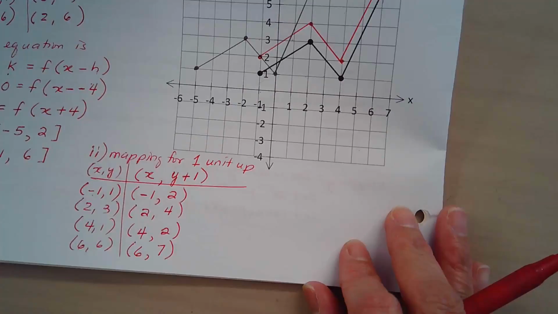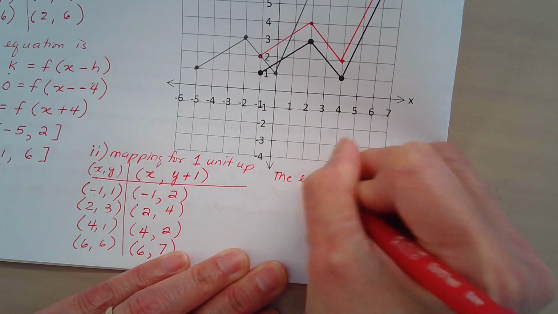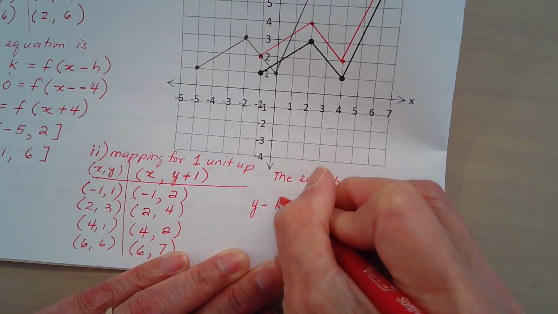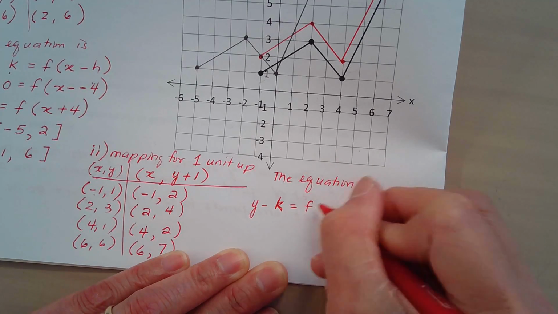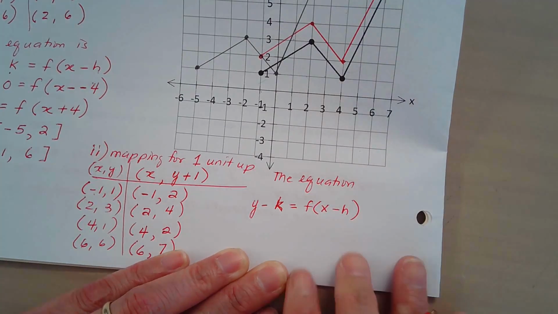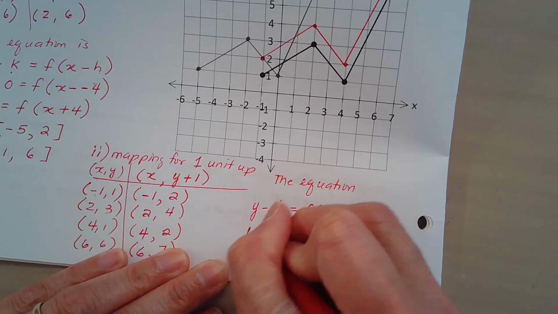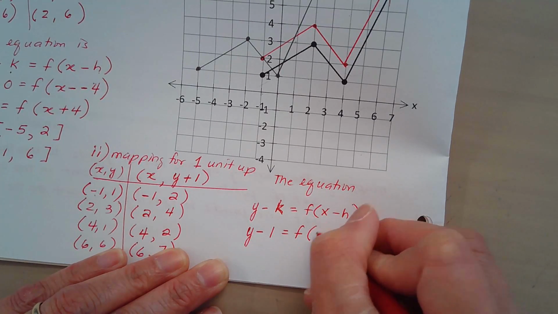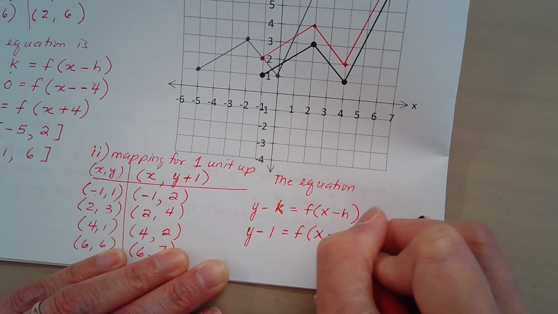So what's the equation? It's y minus k equals f of x minus h. What's our k value? K is positive 1. What's our h value? 0.